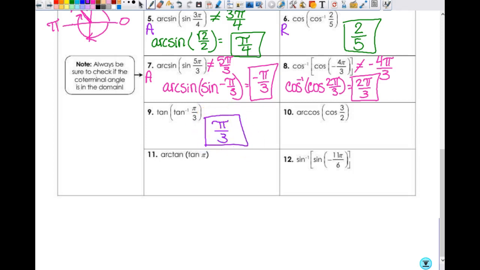The arc cosine of the cosine of 3 halves. Does 3 halves fit within that little range that we get to use? Three halves is more than 1, but does this represent an angle or a ratio? If you're going to take the arc cosine in the end, what are you going to get?